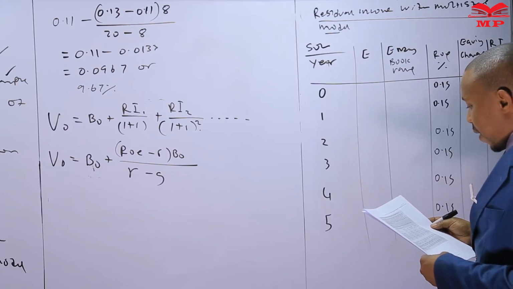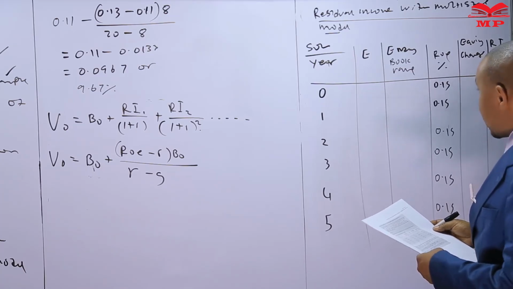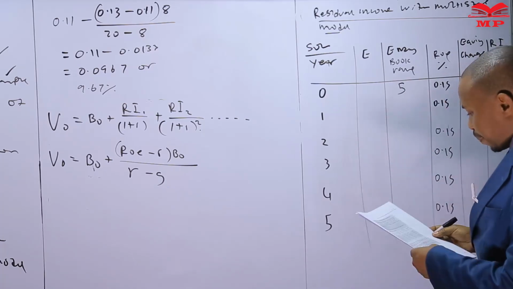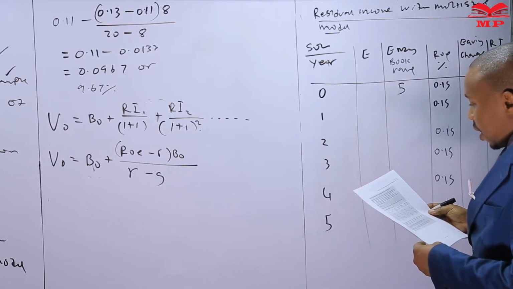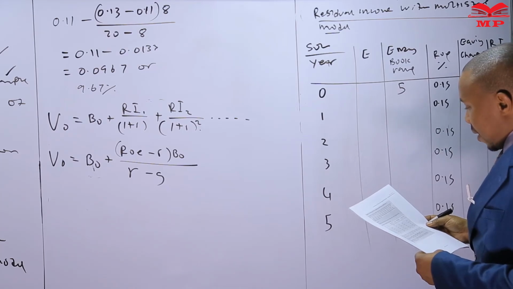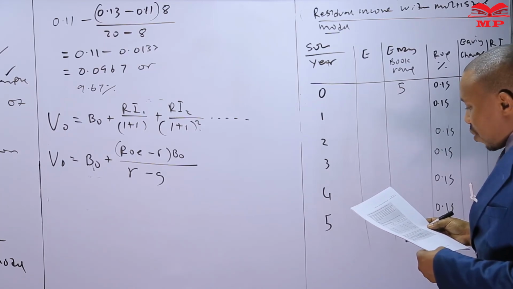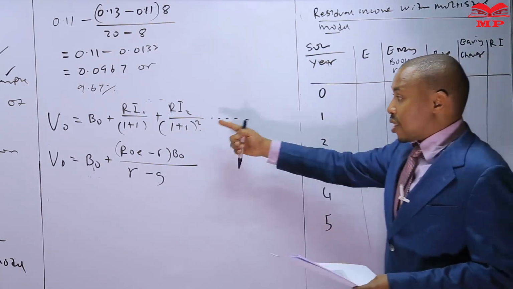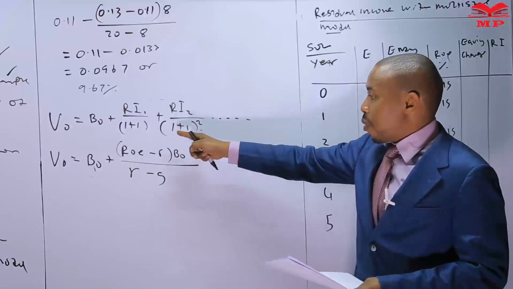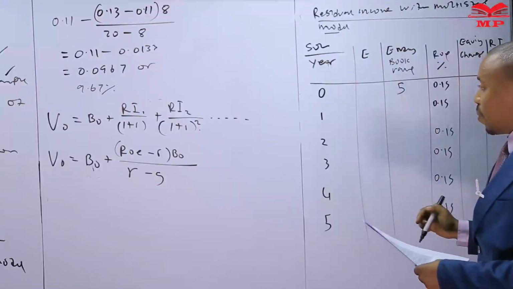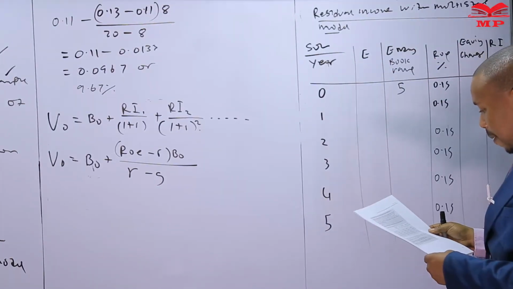Its current book value is 5 shillings per share. Currently, year 0, is 5. It pays no dividends and all earnings are reinvested. The required return on equity is 10%. That one we'll use when we are discounting, where we have the R component. For the 5 years, we'll discount against the 10%.